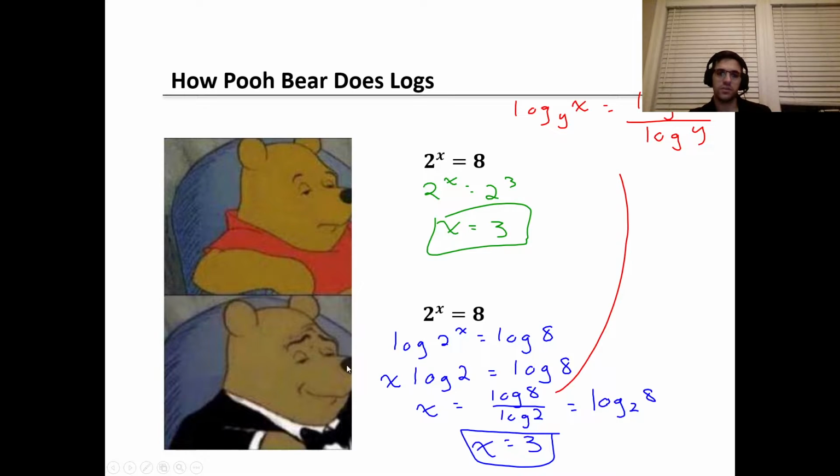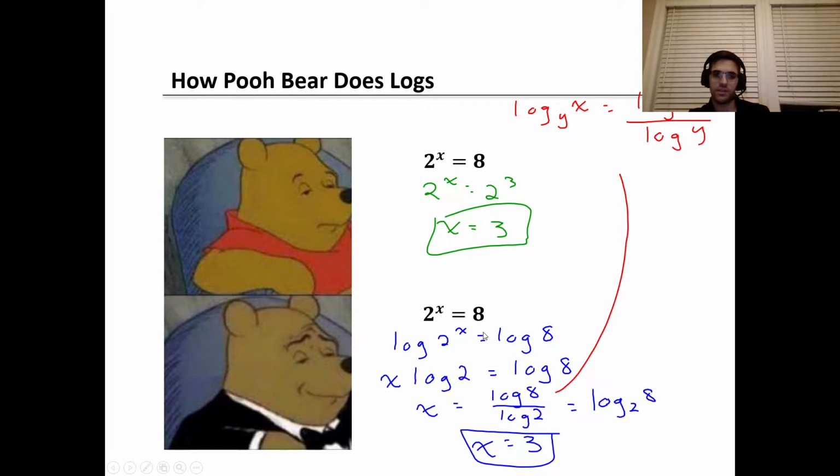But you see, Fancy Poo wants to do a way that works for all problems, all exponential problems with an x as an exponent. So the way Fancy Poo is going to do it is he's going to take the log of 2 to the power of x and set it equal to the log of 8. He's going to take the log of each side of the equation. Exponent properties tell us that if we have log of 2 to the power of x, we can make that x a coefficient of the log function.